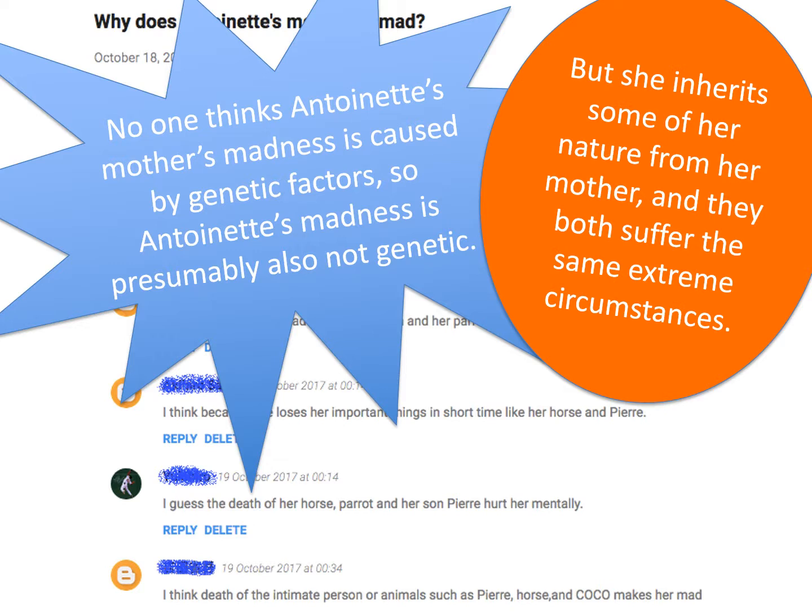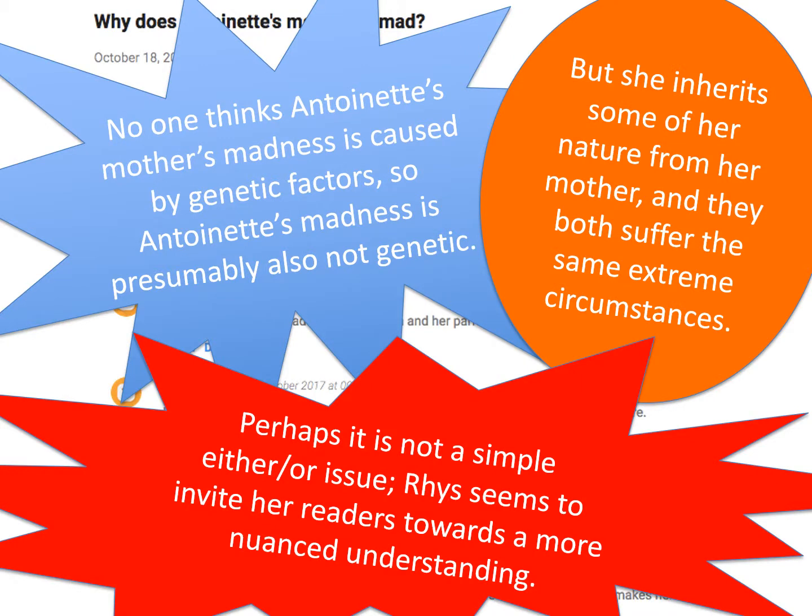"She inherits some of her nature from her mother, and they both suffer the same extreme circumstances." In other words, you've got a little bit of both going on. So it's not as simple as either or.